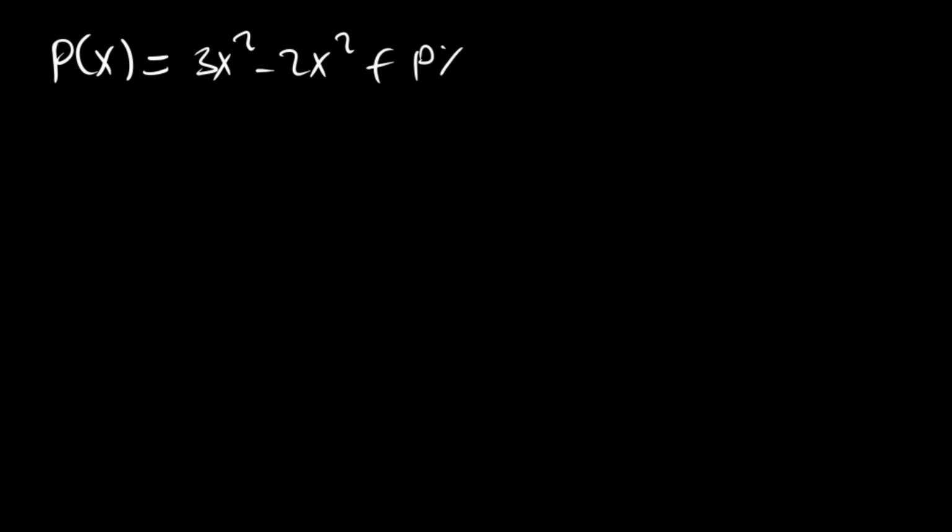The question is, the polynomial p of x is equal to 3x to the power 2. Let me put the question here. The polynomial p of x is equal to 3x to the power 2 minus 2x squared plus px minus q is divisible by x minus 1.